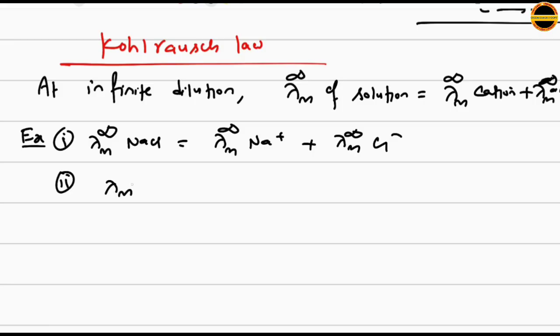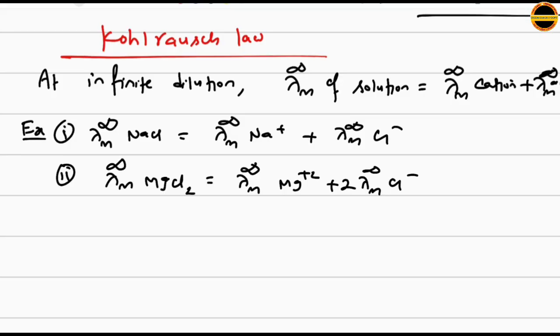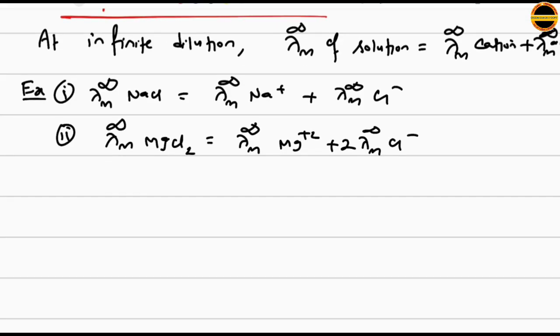Similarly, if I write the molar conductivity at infinite dilution for MgCl2, it is equal to Mg plus 2, then 2 into Cl minus, because here the stoichiometric coefficient for Cl minus is 2. But pay attention: if you are writing the same in terms of equivalent conductivity, as we know the formula, molar conductivity by n factor is equivalent conductivity.